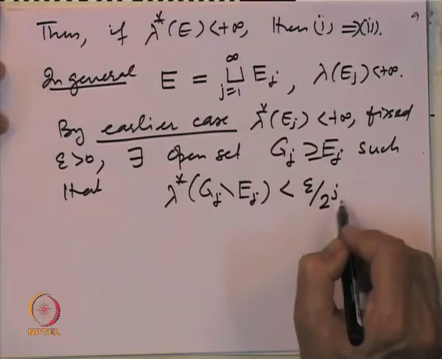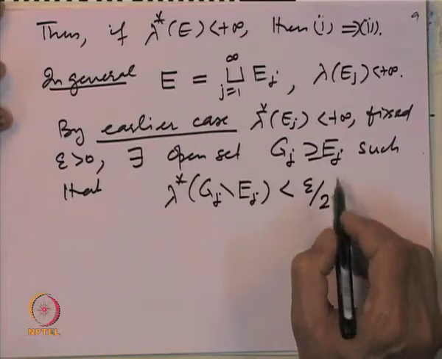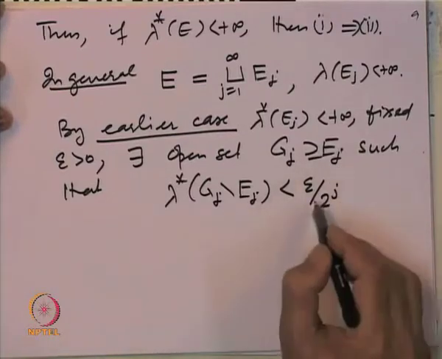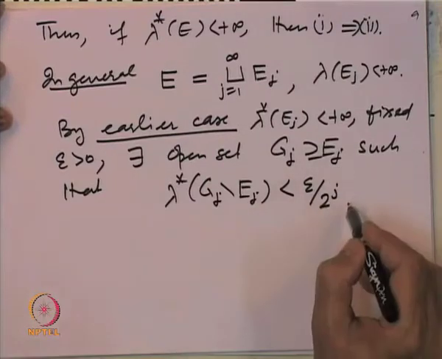And you will see soon why we are doing that, because for each piece we are going to make it small and we are going to add up these pieces.